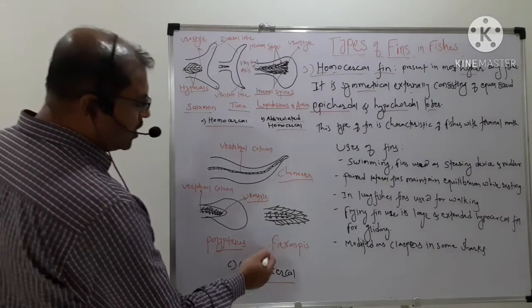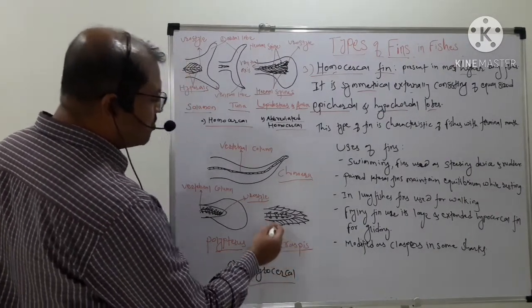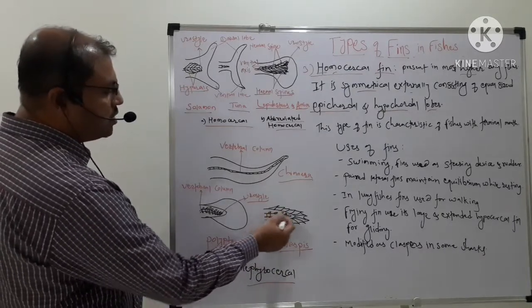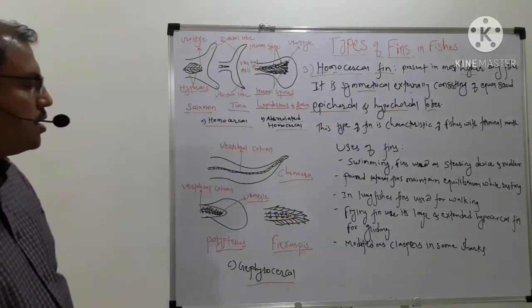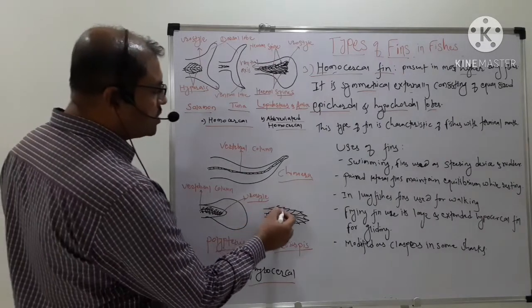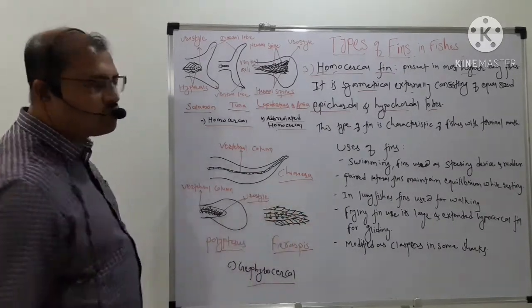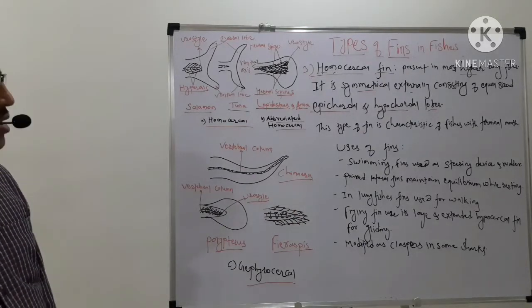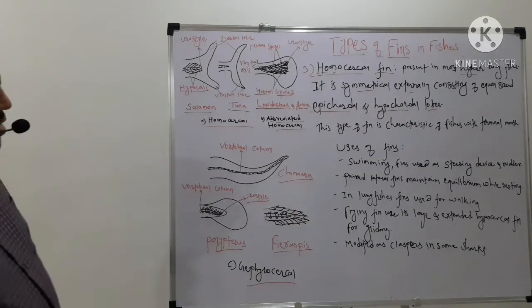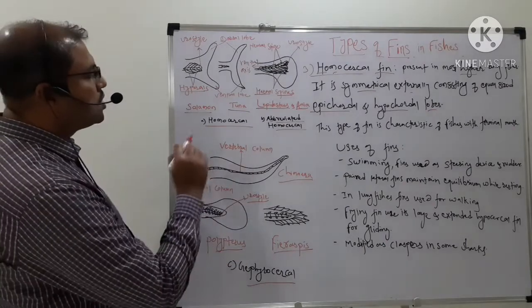Then in Phaeraspis type fish, it has such a vertebral column, and the fin has this structure, and these are the fin rays, supporting rays, which give support to the caudal fin. So these are the third type of homocercal fin.